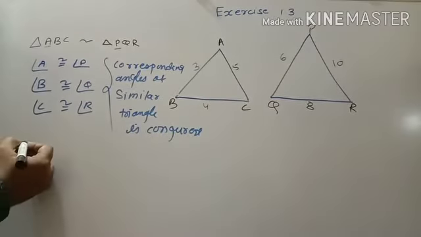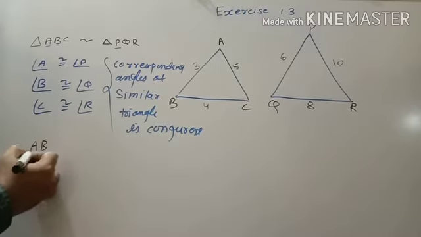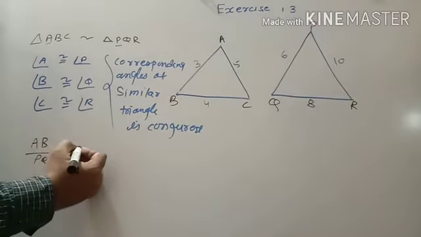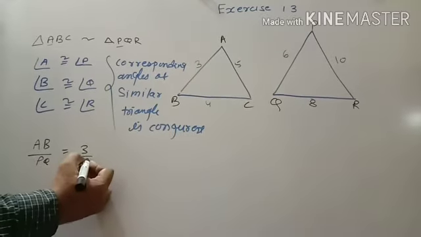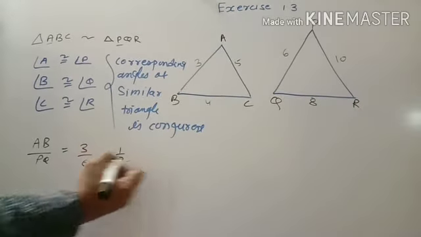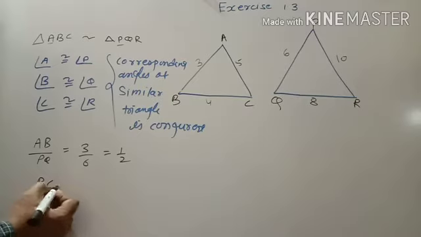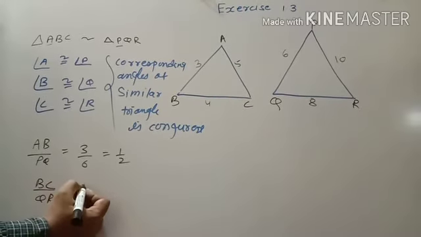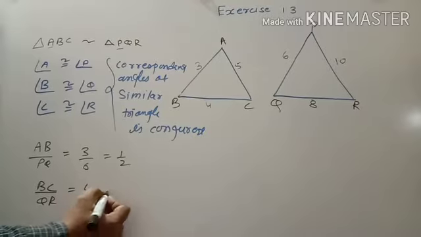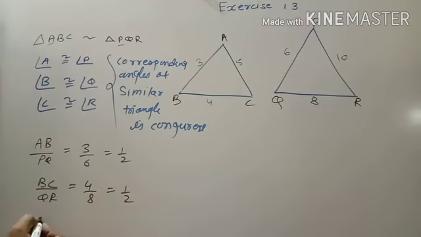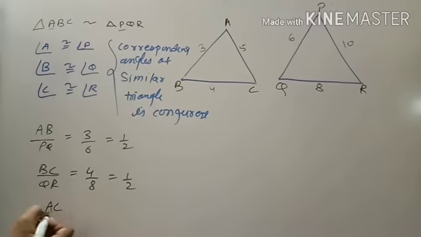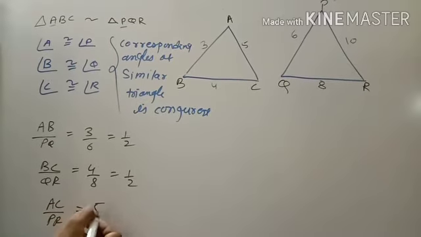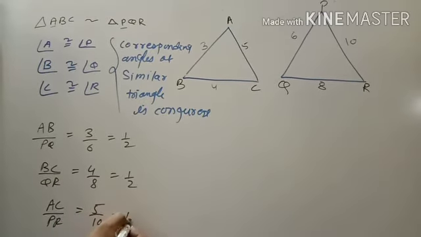Then AB upon PQ: AB is 3 and PQ is 6. The ratio is 1 upon 2. Like that, BC upon QR is 4 and 8, that is also 1 upon 2, and AC upon PR is 5 upon 10, that is also 1 upon 2.